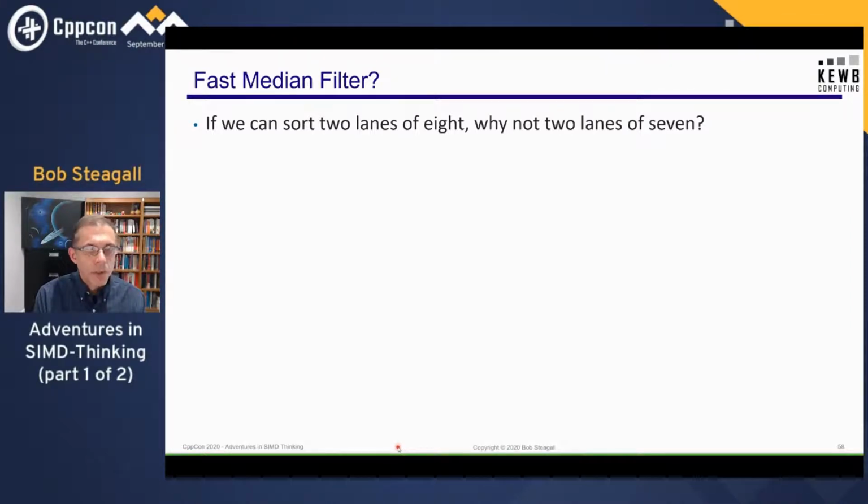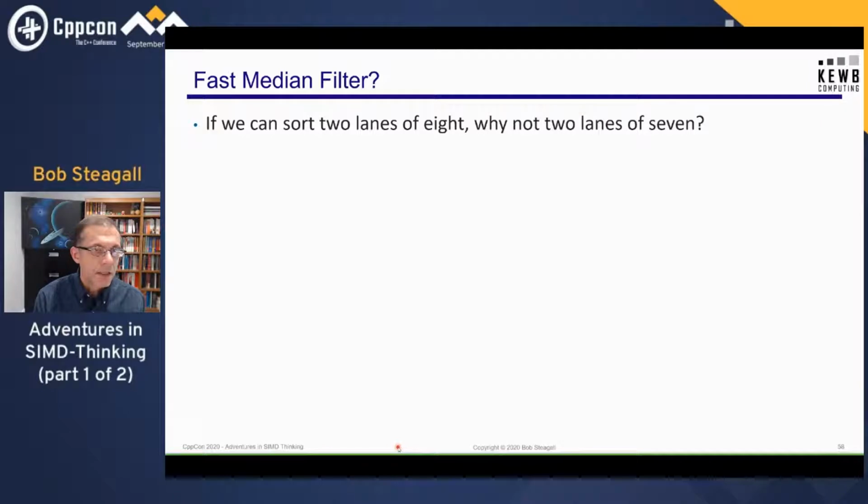So stepping back for just a moment, let's think about how you compute the median. The median is the central of some set of sorted values, such that half the values are on the left and half the values on the right, or equal number of values below and equal number of values above. So one of the things I wanted to do was try a median filter that had 7 elements in it.